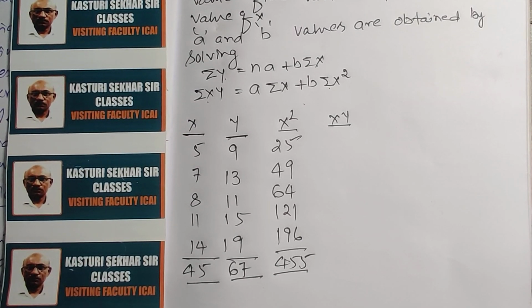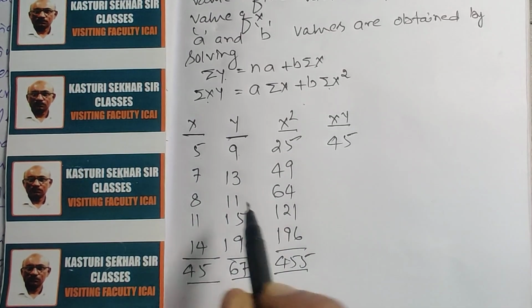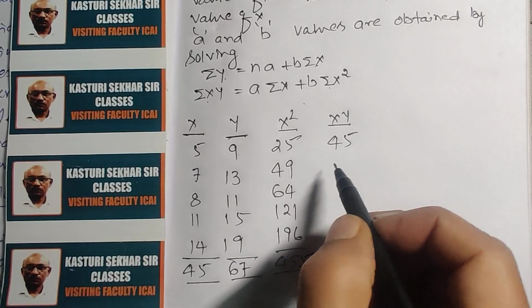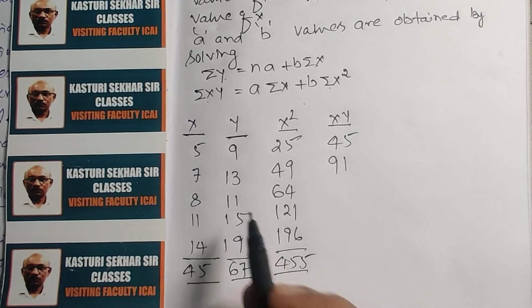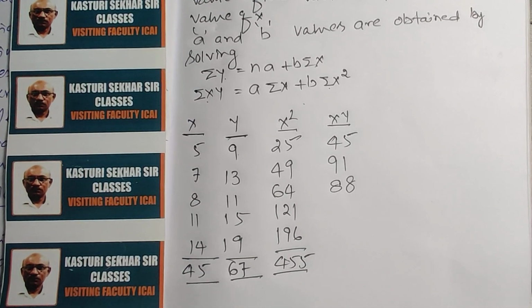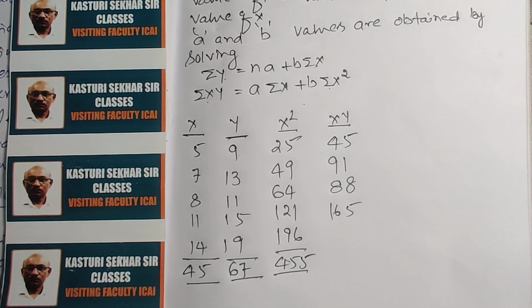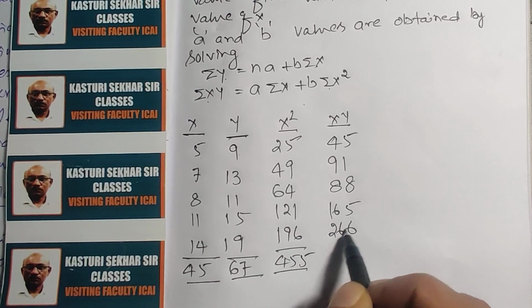Now let us take XY values. 9 into 5 is 45. 7 into 13, 91. 8 into 11, 88. 11 into 15, 165. 14 into 19, 266.